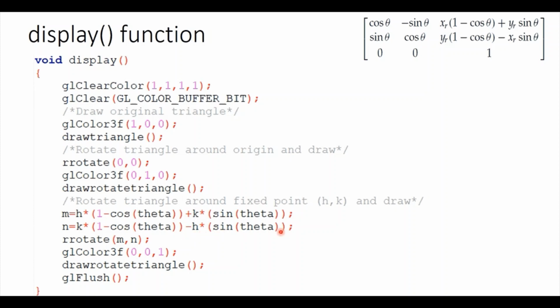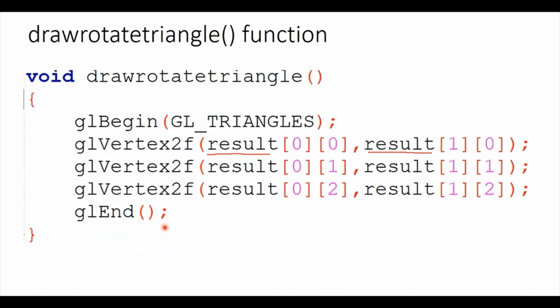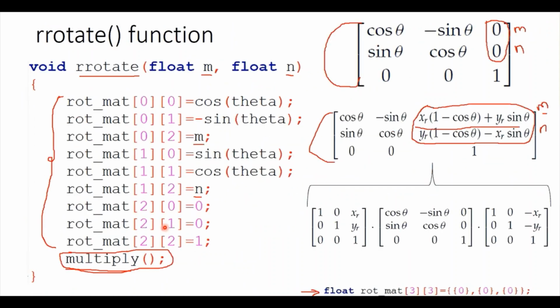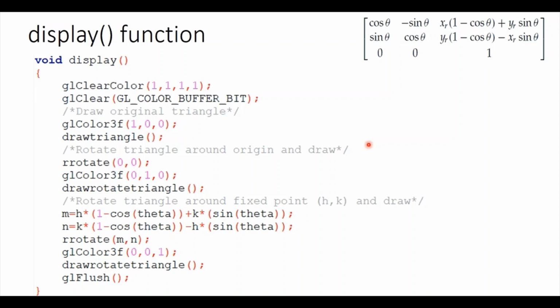We have taken it and passed it as m and n. Since we have passed it as m and n, these two values will be initialized to m and n, and the rotation matrix with the updated m and n values will be multiplied with the triangle, and that multiplication leads to rotation around the fixed point h and k. Now we are selecting blue color and drawing the result matrix again.